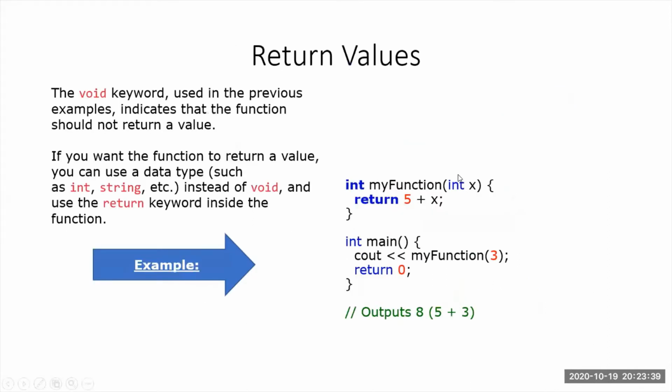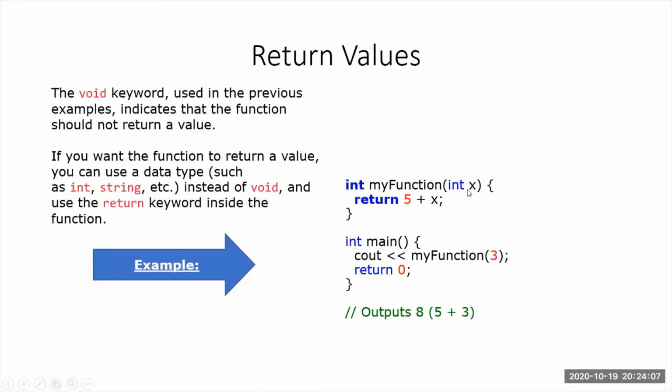Okay, so if you do decide not to use void for your functions because let's say you have to return something, especially if you're using an integer data type for the function, such as int my function, you want to return some sort of thing to the user, right? You need to return something. So in this case, you can return the addition of whatever parameter you pass plus something.